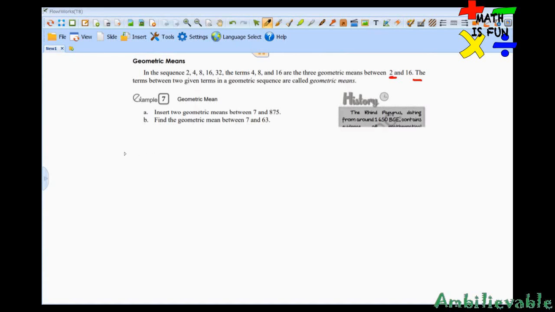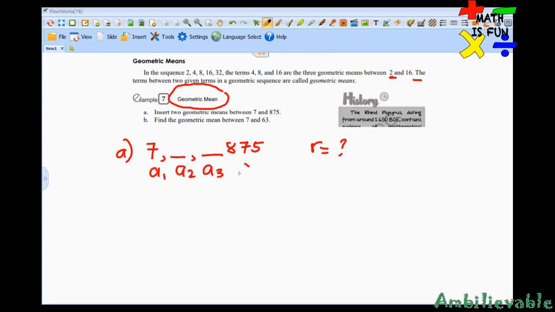So let us try A. So 7, then we need to insert 2. We are on geometric means, so we need to get the common ratio, right? So we have A1, A2, A3, A sub 4. A sub 4 equals A1 times R to the n minus 1.